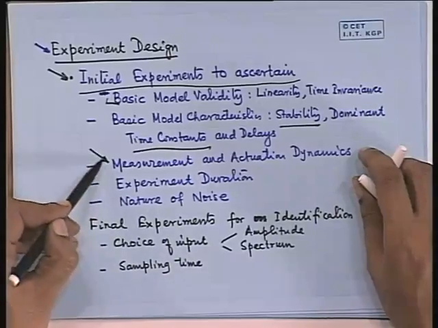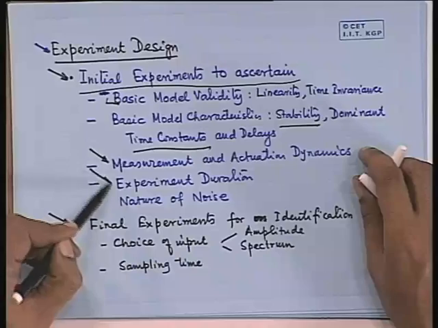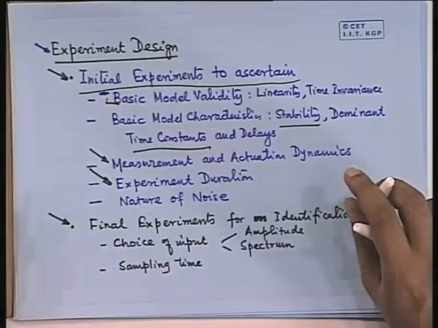Then measurement and actuation dynamics, experiment duration. How much data do you need? Remember that in an actual setup, if you go to a factory and say, can I try to identify your rolling mill? People will give you dirty looks, because if you are going to identify that model for that time, he can't produce, his manager will shout, and people won't like you if you say, I want to identify your plant.